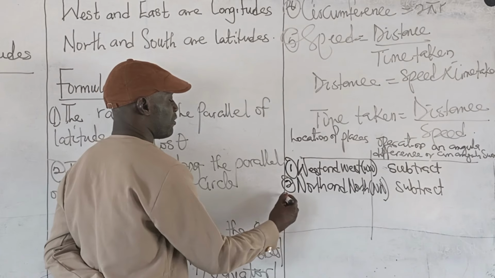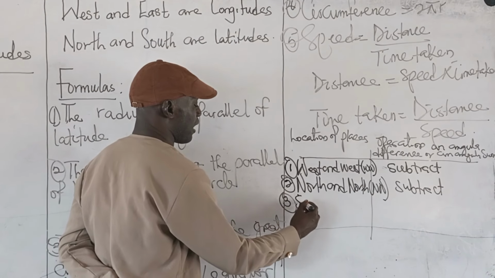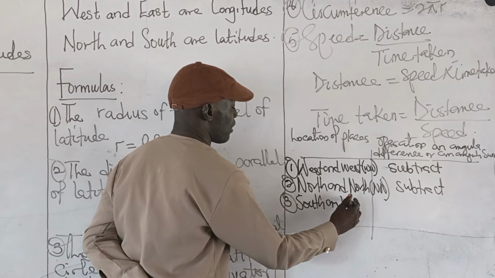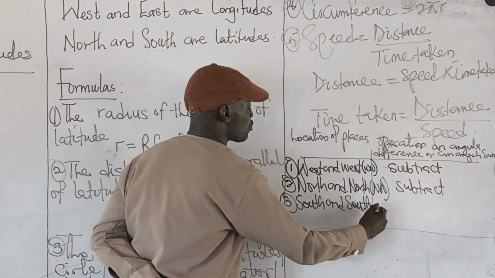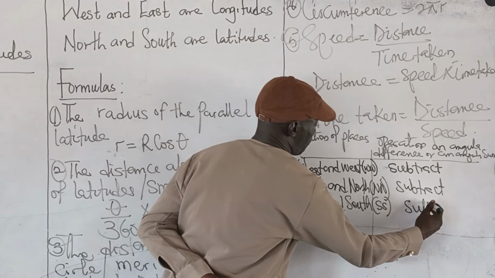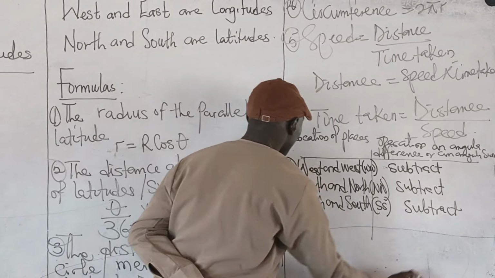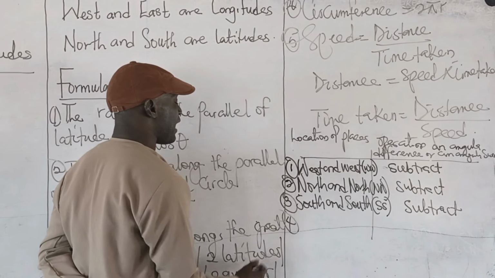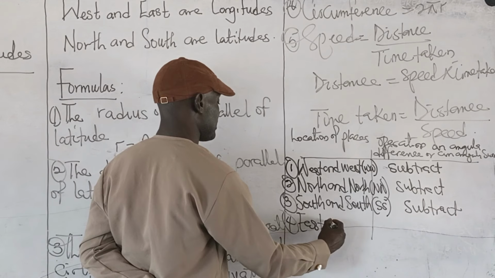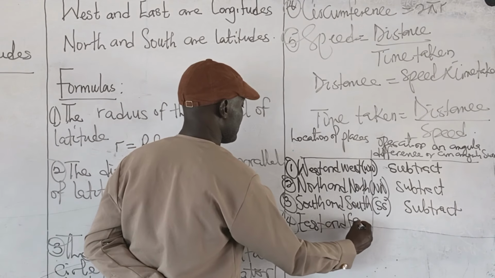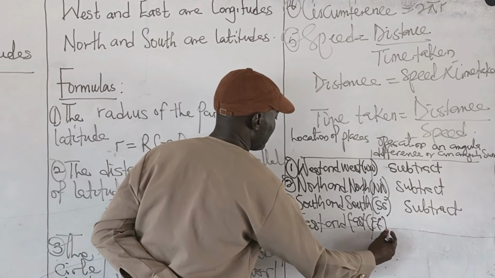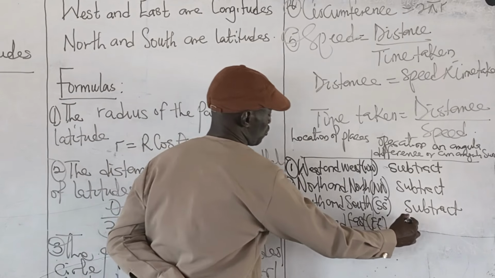And the third one is when we have south and south, which is S and S. It is the same thing: we also have to subtract. For number 4, when we have east and east, which is E and E in brackets, we are also to subtract.